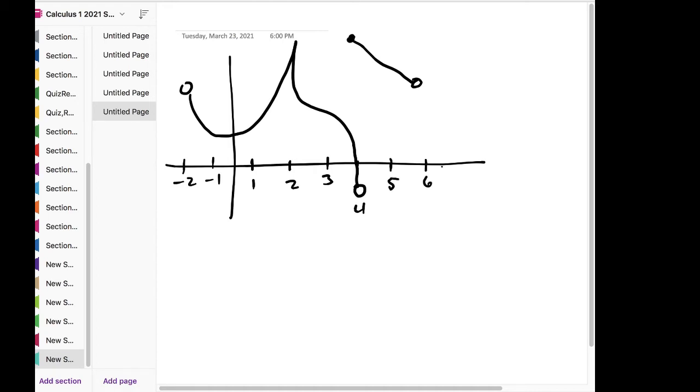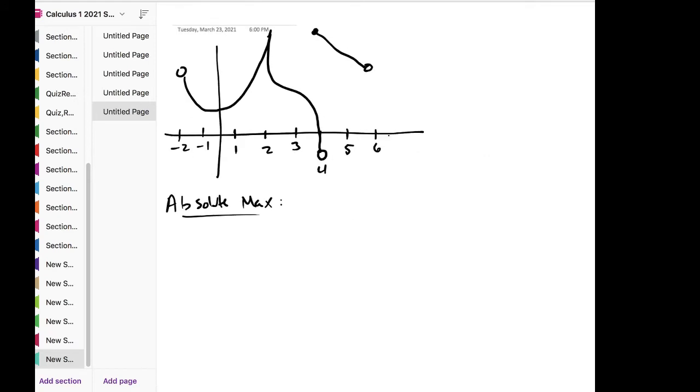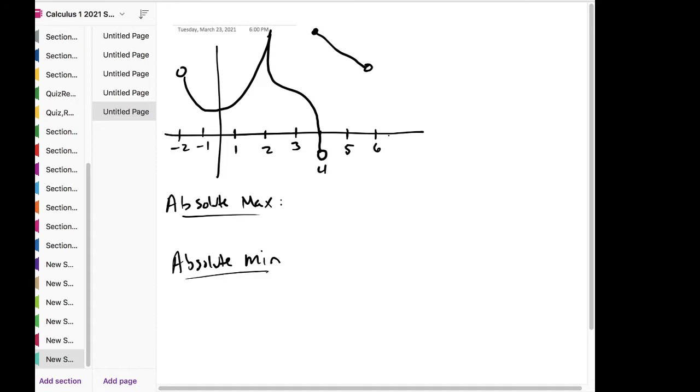Absolute max. I think so. I think there's an absolute max. I don't think there's an absolute min. Yeah, that's fine. That is fine. At x equals 2 and x equals 4.